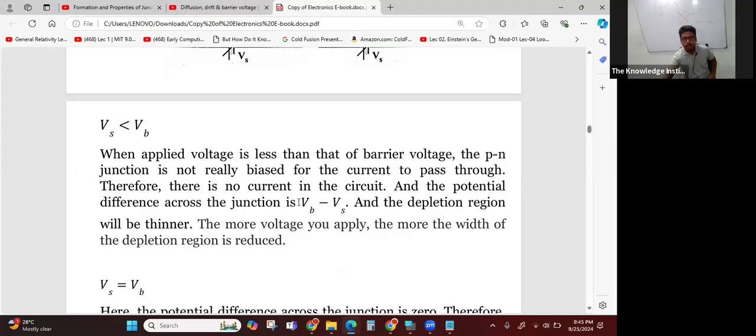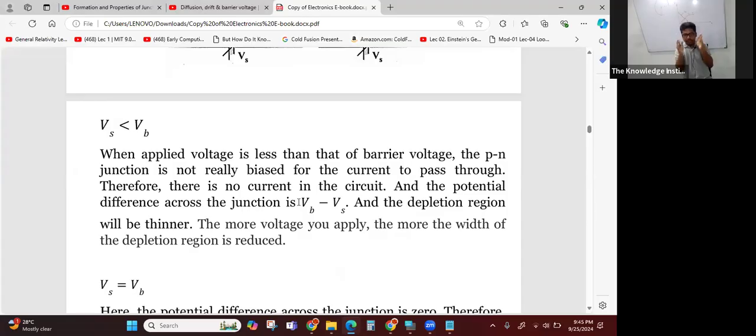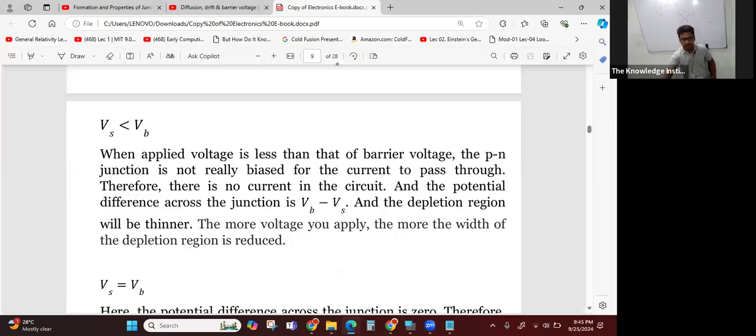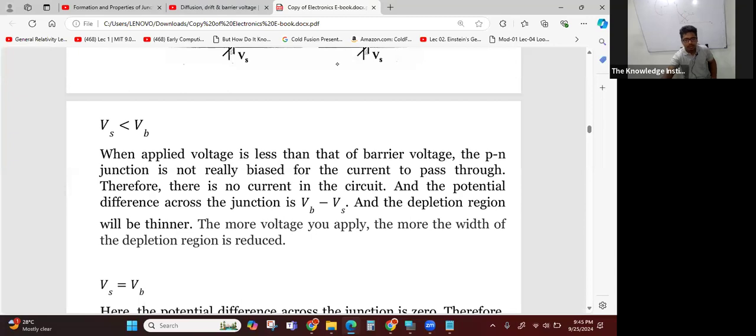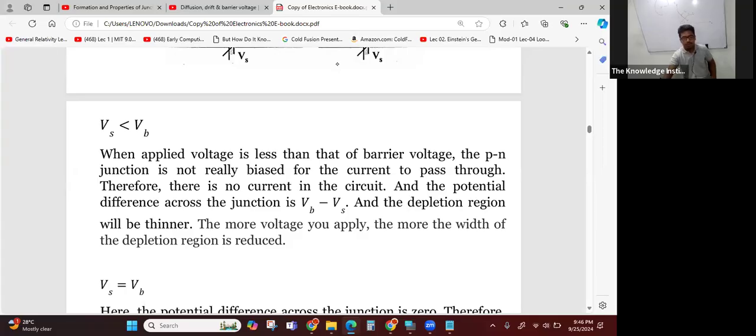And here one more thing happens: the thickness of the space charge region will decrease, and the depletion region will be thinner. The more voltage you apply, the more the width of the depletion region is reduced.